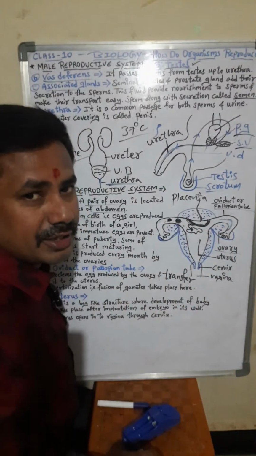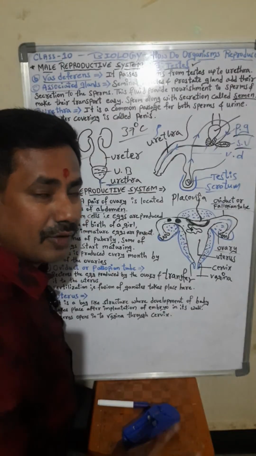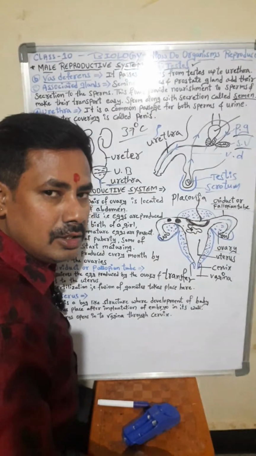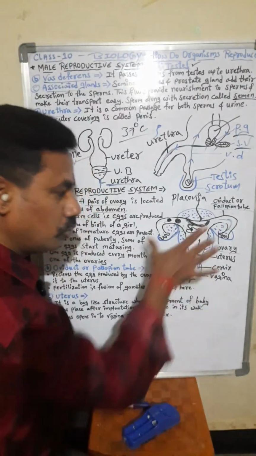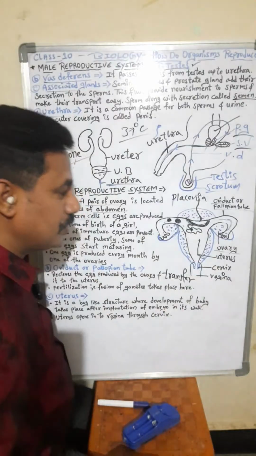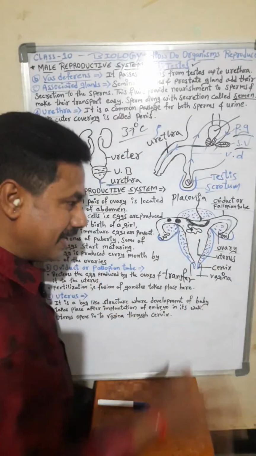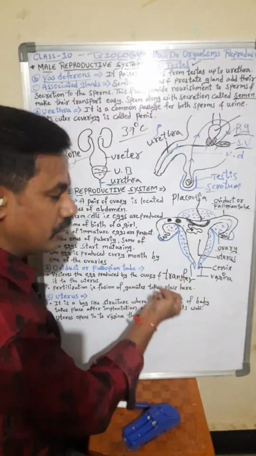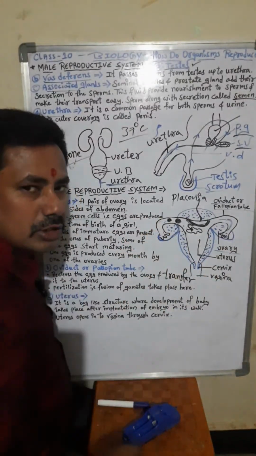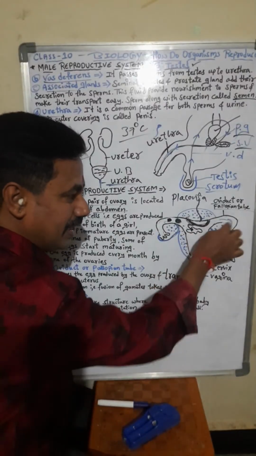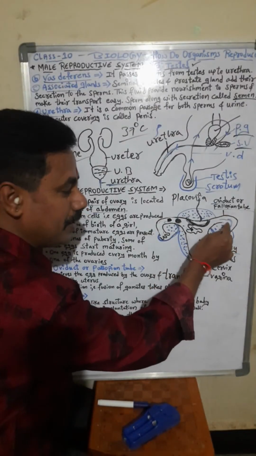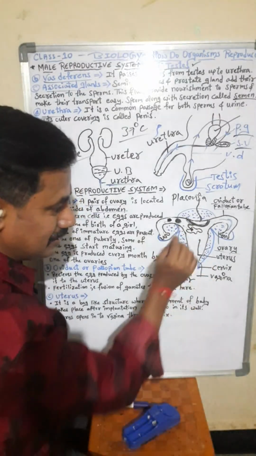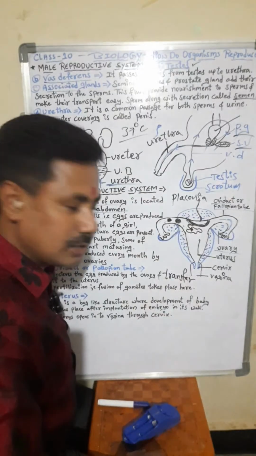In a very rare condition, when twins are going to take birth, both ovaries will release an egg at a time. But normally one ovary will produce one egg, and the next month the other ovary will produce one egg. That egg is coming through this fallopian tube, and fertilization also takes place here in the fallopian tube, and that embryo will come and implant here, and the child development will also take place here only.